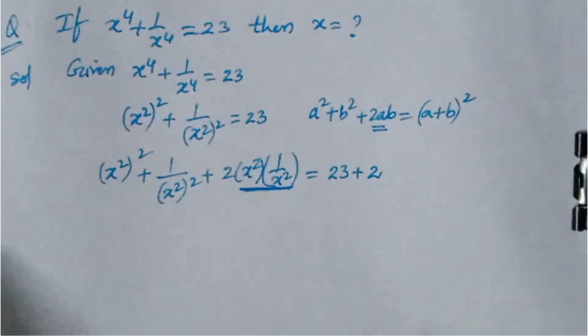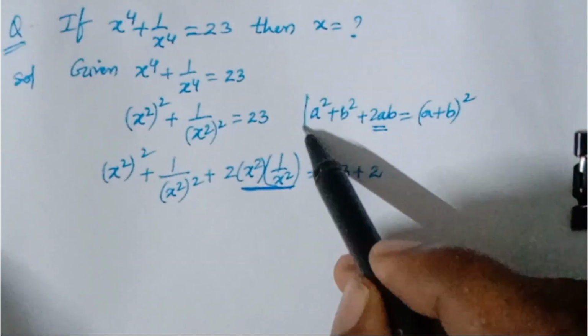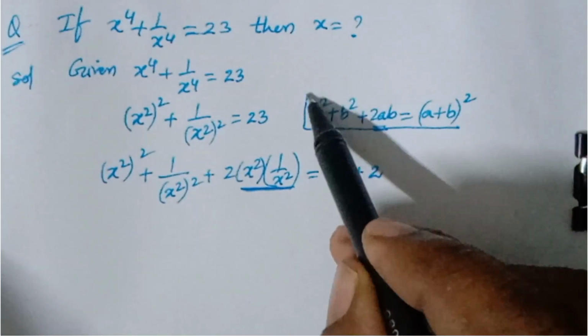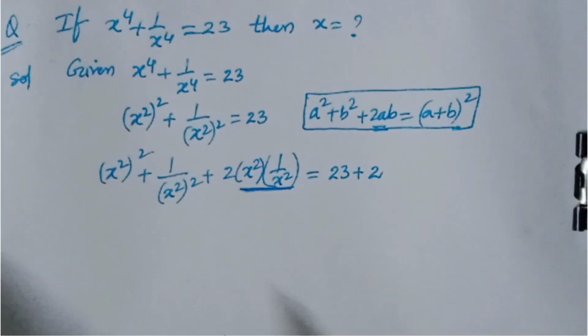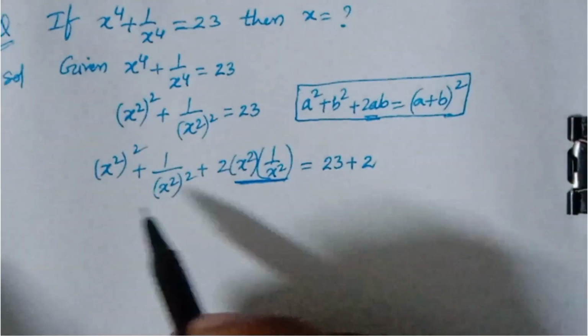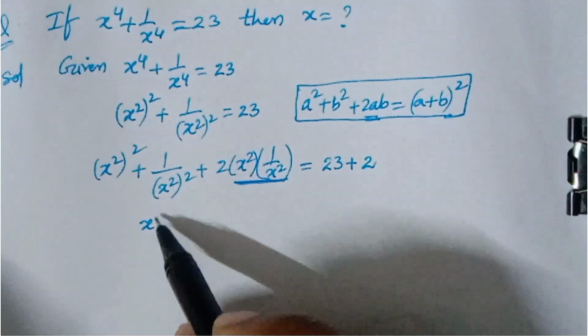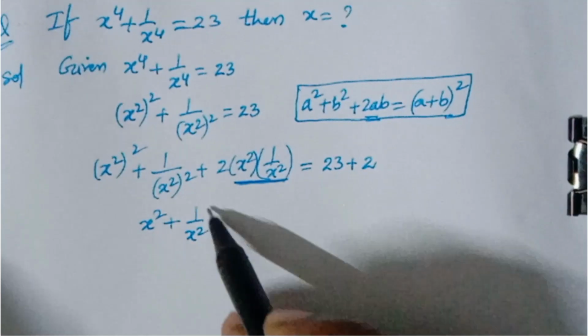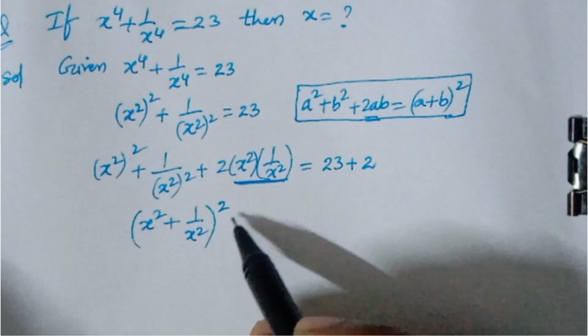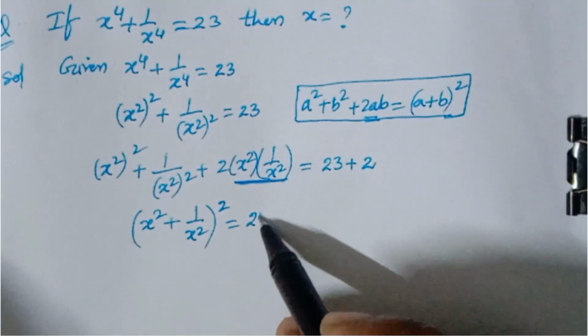If we add 2 on both sides, it will be in the form of a square plus b square plus 2ab, that is nothing but a plus b whole square. So if you apply the formula, x square plus 1 by x square whole square is equal to 25.